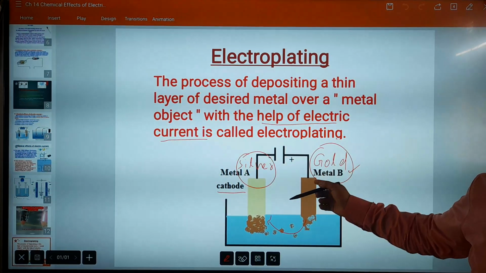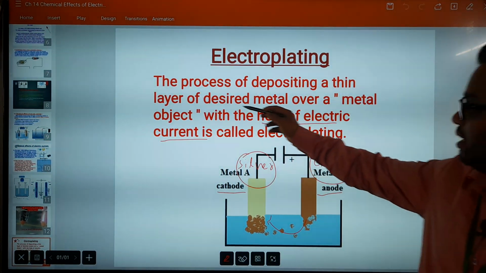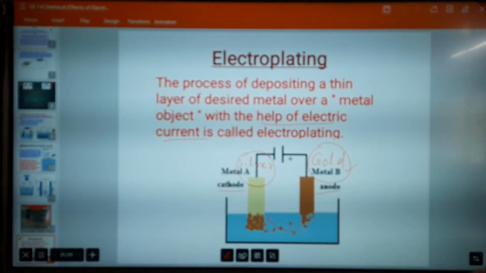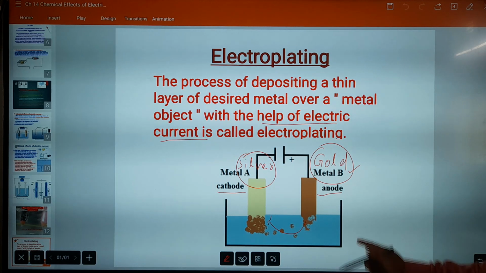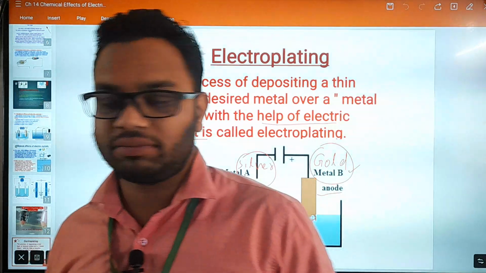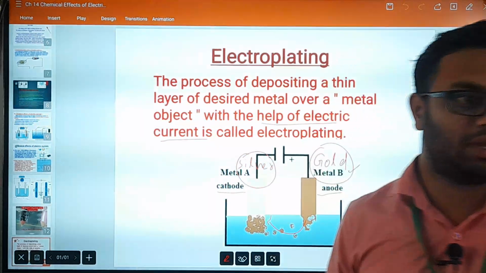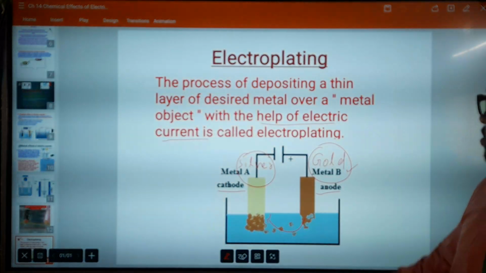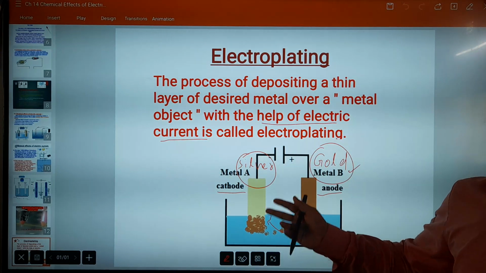What is electroplating? The process of depositing a thin layer of desired metal over a metal object with the help of electric current is called electroplating. Write it down quickly. Already done? Very good. So we'll move to the next slide.